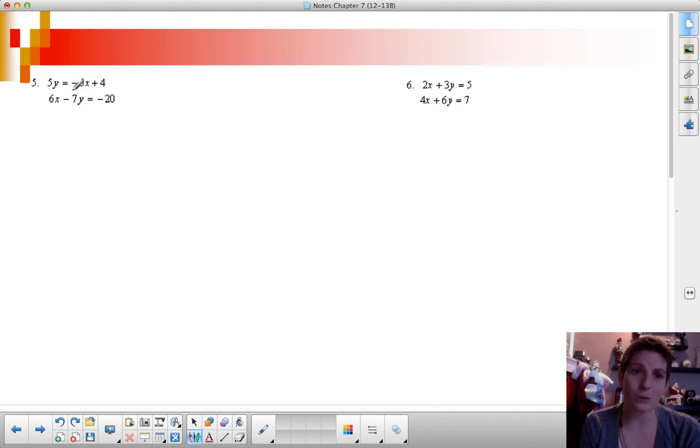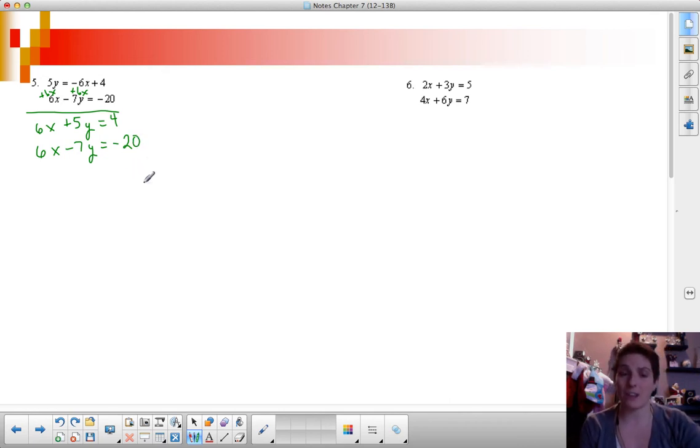So to do that, we're just going to add 6x to both sides, so that our new equations now look like this. 6x plus 5y is equal to 4. And the second one I didn't need to change at all. It was in a good format. 6x minus 7y is equal to negative 20.